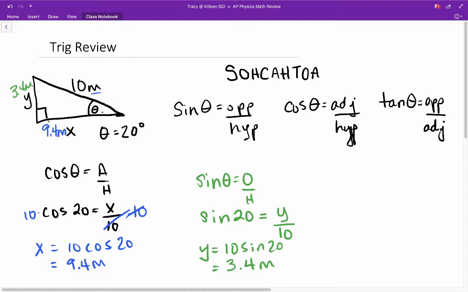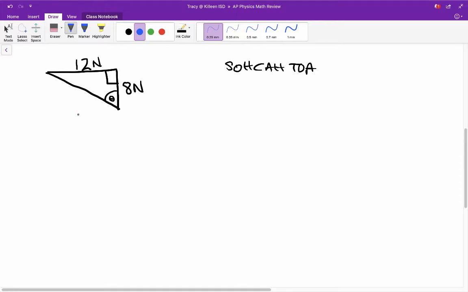So now I know that this side is 3.4, this side is 9.4, and that side is 10 if this is a 20-degree angle. What is this angle? Well, I don't have to do any fancy math for it. I just have to remember that all of the angles add up to 180. If this is 90, because it's a right angle, and this is 20, then that leaves this one being 70 degrees.